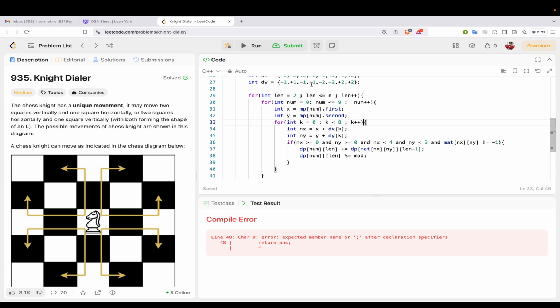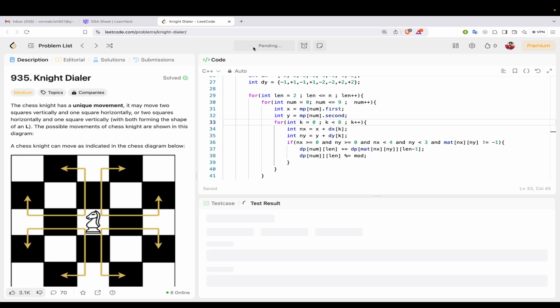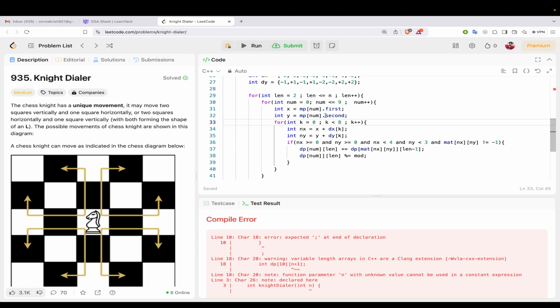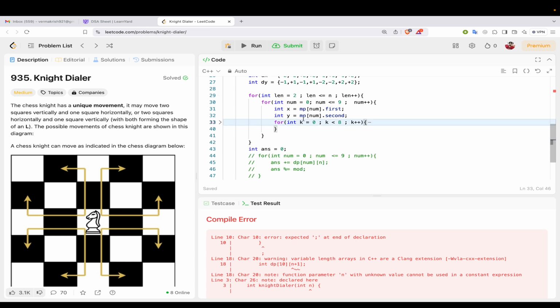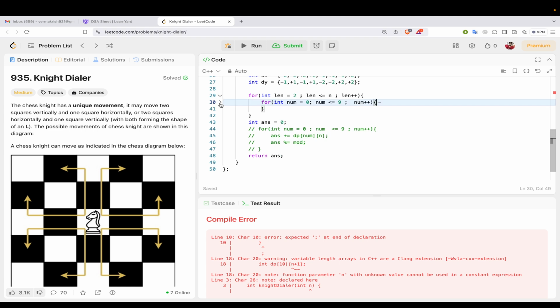Now it started here. This is also fine, and this is also fine. This is also fine. Okay, the error says variable with unknown value cannot be used in constant.